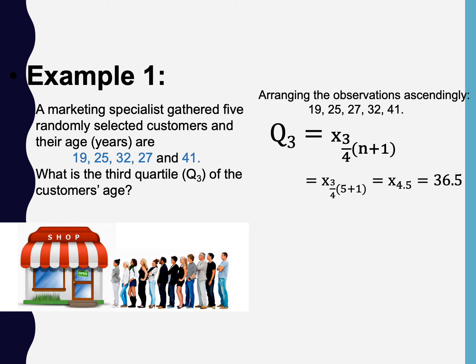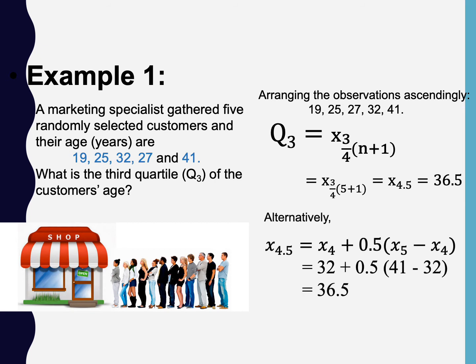Now, there is an alternate solution for this. Later on, it will be more useful if the decimal of your position is not in the middle, or not 0.5. So alternatively, instead of getting the average between the fifth and fourth position, you can isolate the whole number, which is 4.